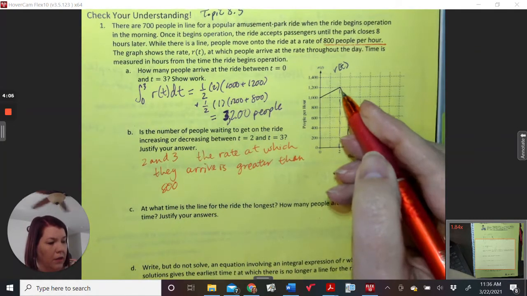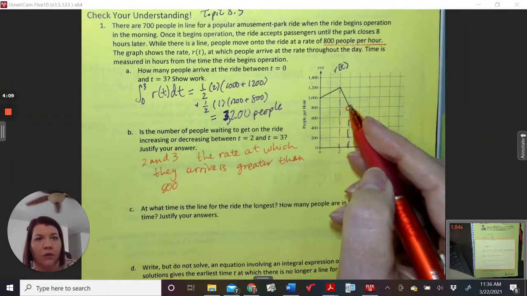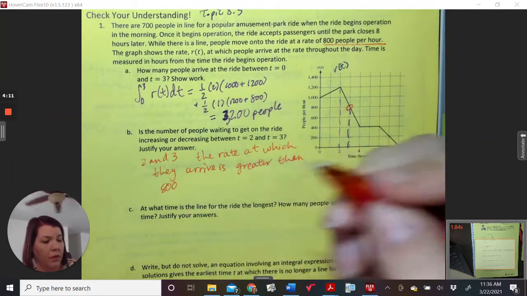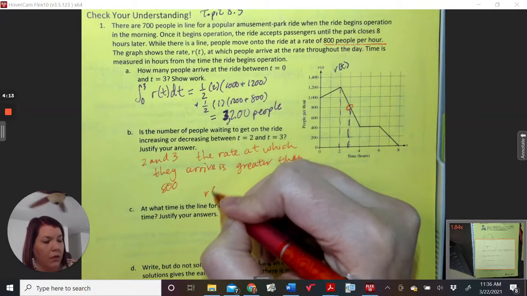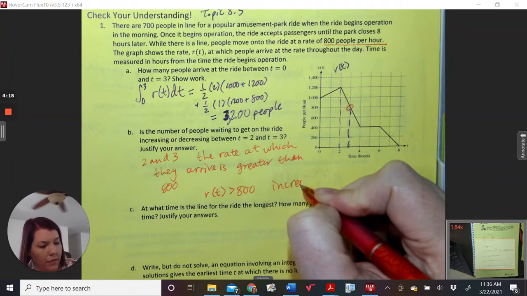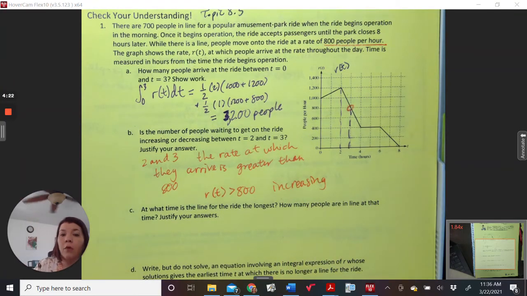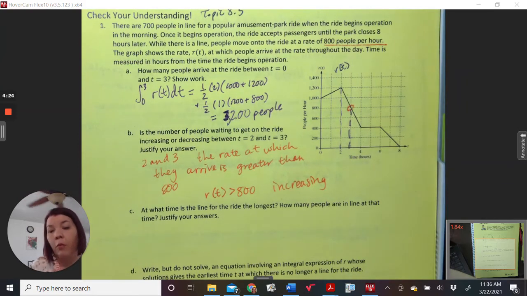See these numbers? Because it changes right there. But for the rest of it, it's greater than 800. So it's increasing. More people are showing up than are getting on. Therefore, the number of people waiting is increasing.